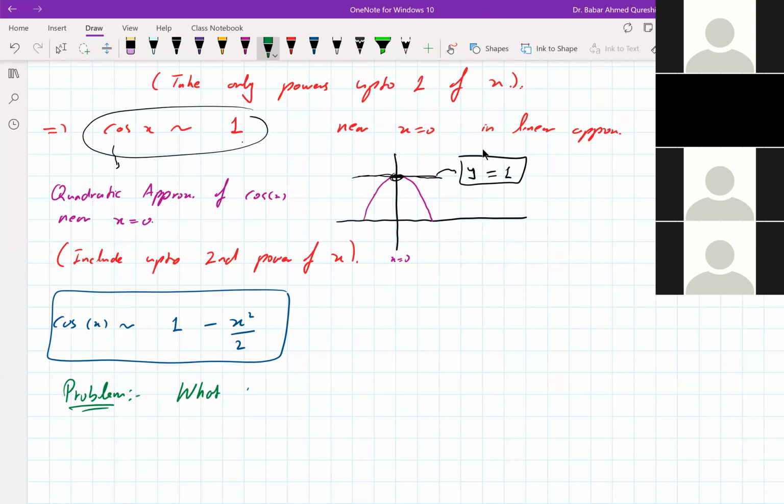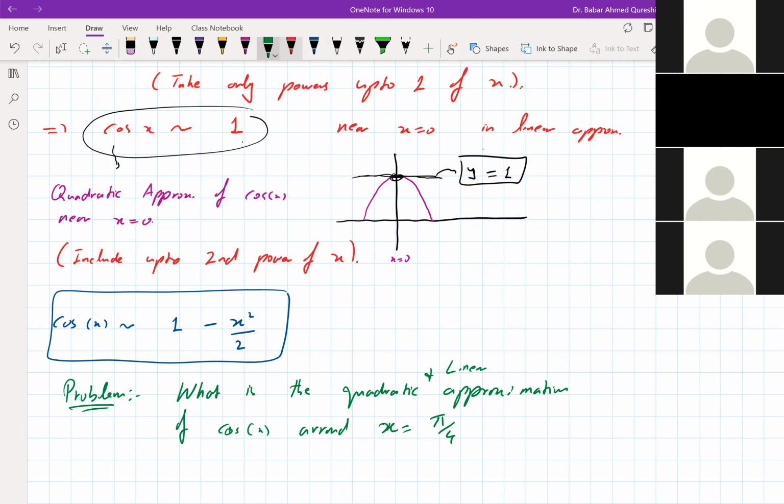What is the quadratic approximation of cosine x around, what is, let's say, quadratic and linear? Let's find both. Of cosine x around x is equal to pi by 4, at 45 degree.